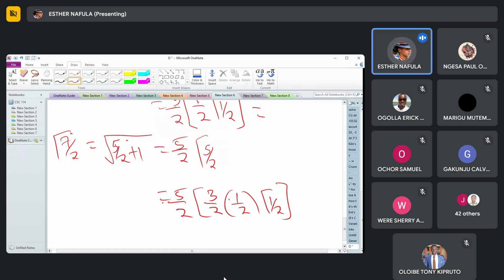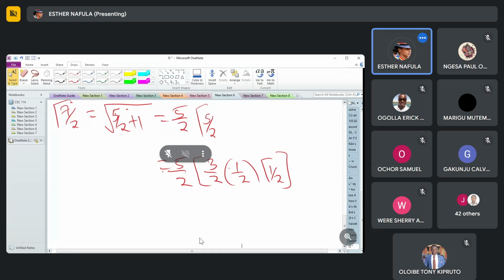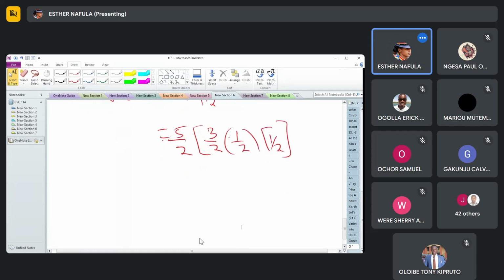The first term becomes 15 root pi over 8.